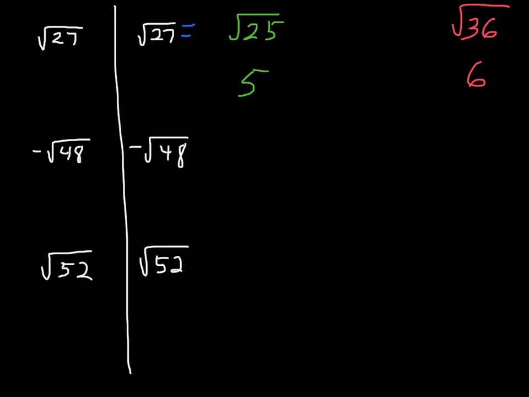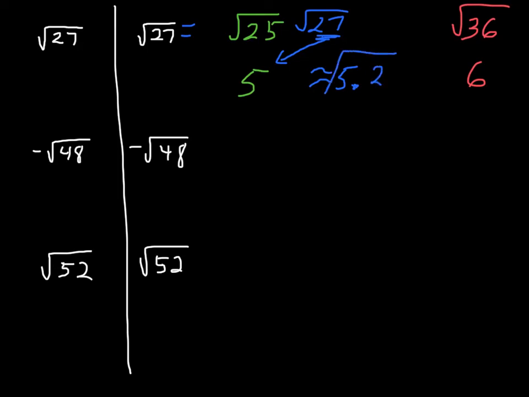Well, of course, it's closer to 25, which means the square root of 27 is going to be pretty close to 5. So we would say the square root of 27 is about 5 point something, because it's going to be a little bit bigger than 5. 5.2 would be a good estimate.